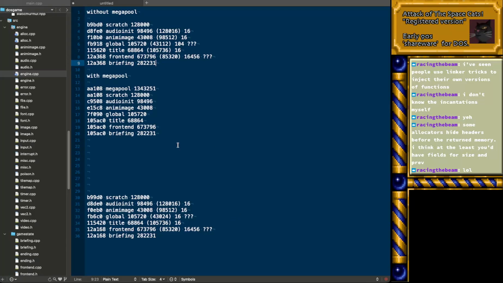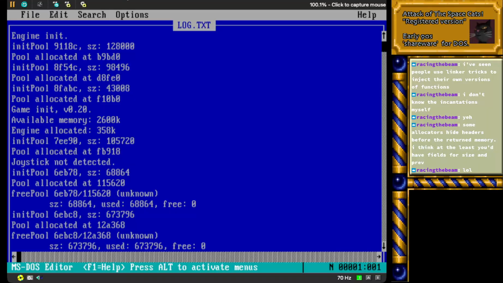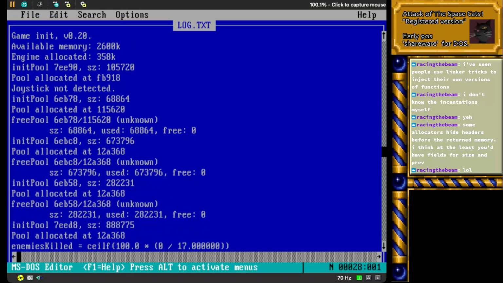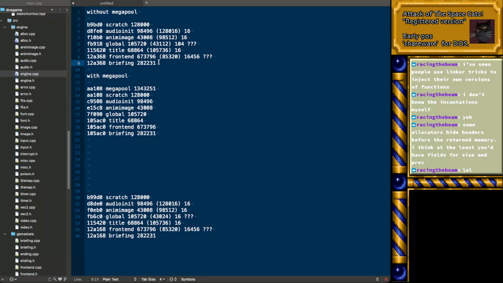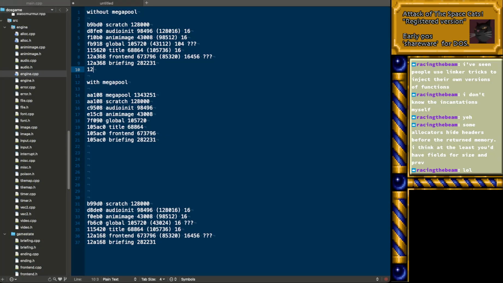I would wonder if the gap is related to the size of the alloc. But if we come down here, there it is. It's 12A368. Oh, of course it is. That's where they all end up. Yeah, because the fact that it works sort of demonstrates that it can't be fragmentation or an alignment problem.